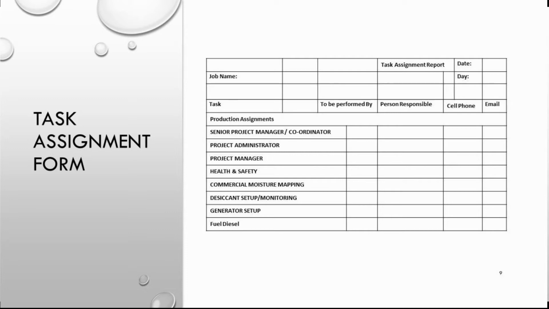Now, your different people you've had this assigned to, such as the person in charge of, let's pick on desiccant setup and monitoring. You've got Jimmy Smith in charge of that, maybe, and then Jimmy Smith may have his own task assignment report under that. So he may take 10 people that he's got working on desiccants and break that down even further.